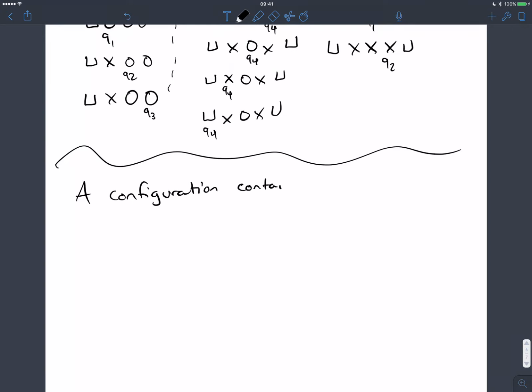So it's not really a formal definition, but it contains the tape contents, tape head location, and current cell.